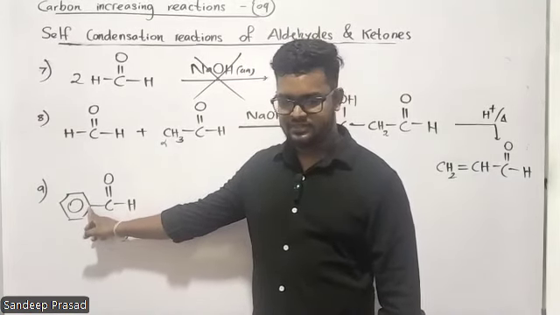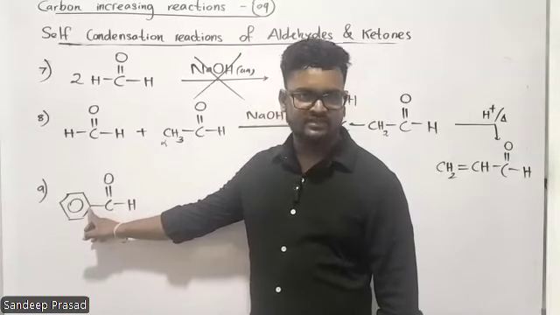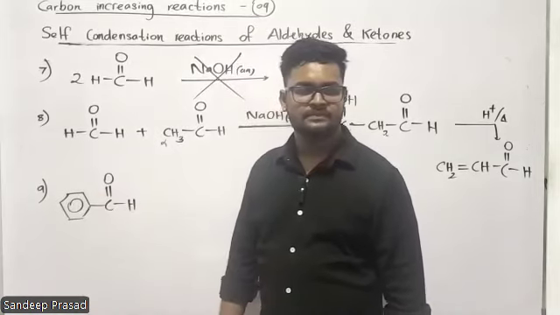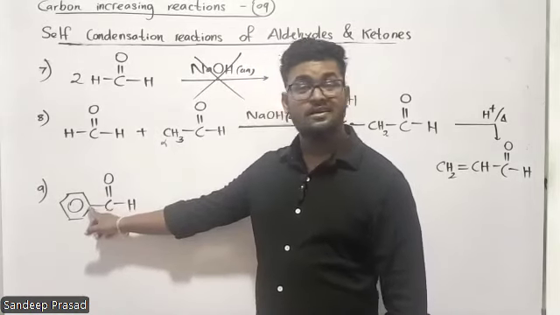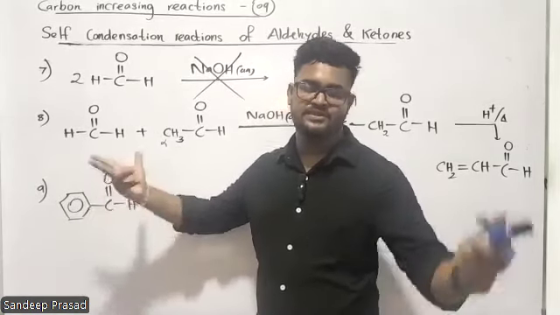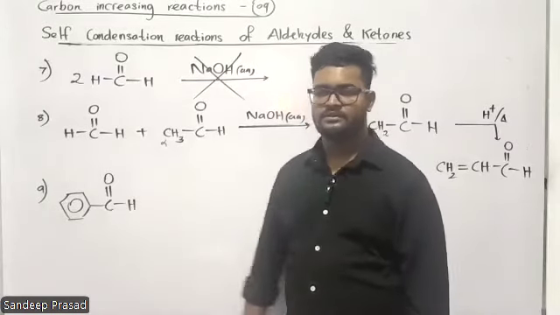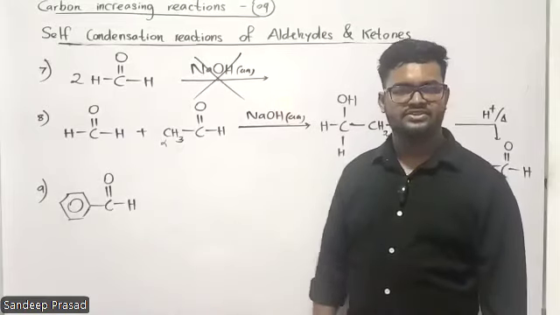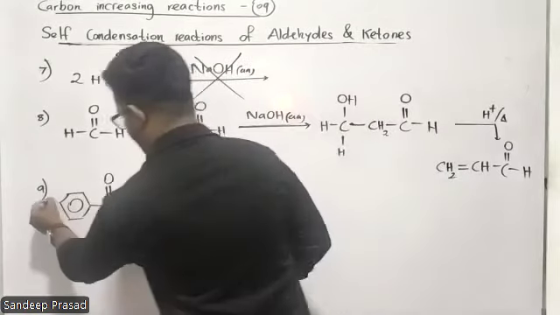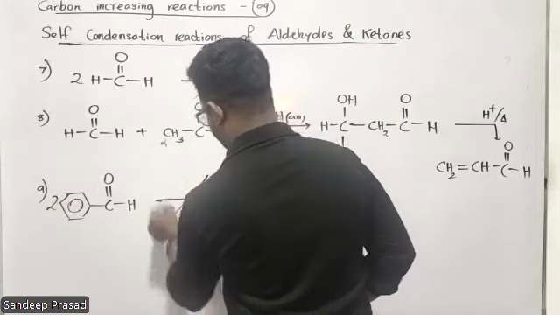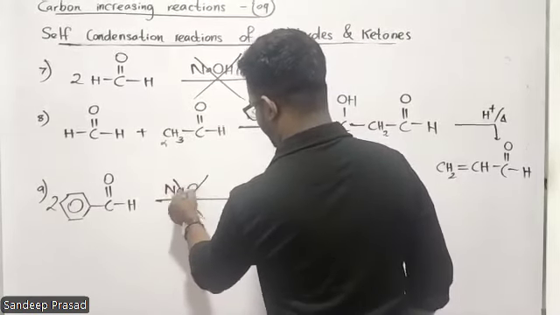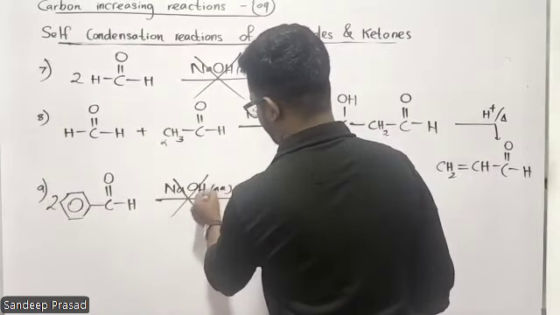No. This carbon doesn't have any hydrogens. Only these portions have hydrogens. So the alpha carbon is there, but the alpha hydrogen is missing in this compound. Then will there be any self-condensation reaction when two molecules are connected? No. By addition of aqueous sodium hydroxide, nothing will happen, no reaction.